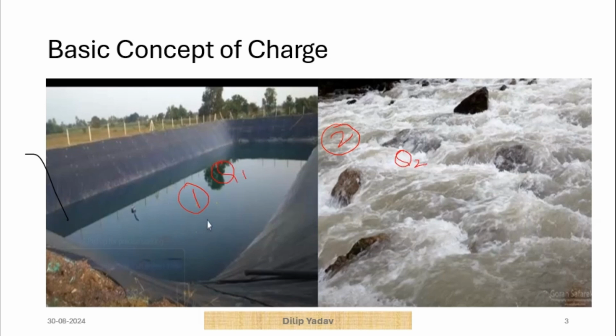For example, this Q1 is the water that has been stored, and the movement of charge is zero in this, till some external force is present. In this case, the Q2, this is the charge that is moving from up to down. This is known as the potential.